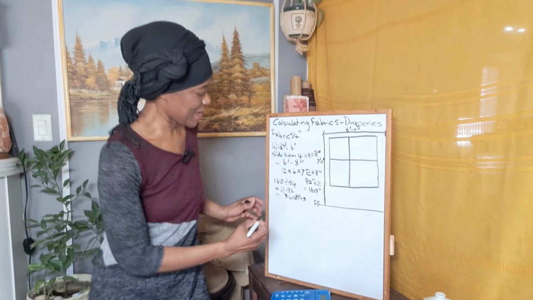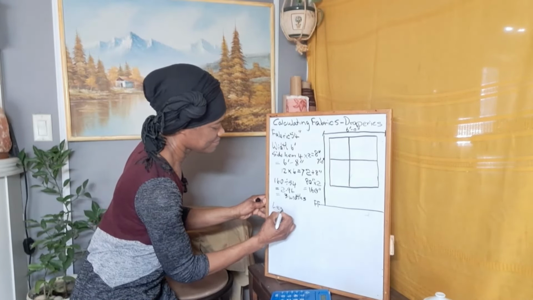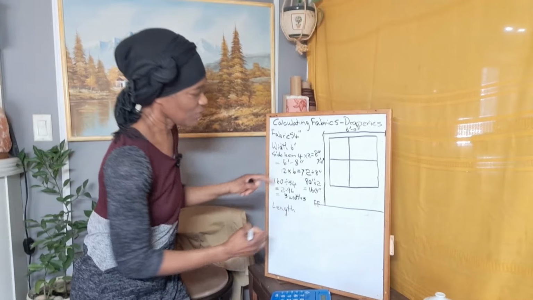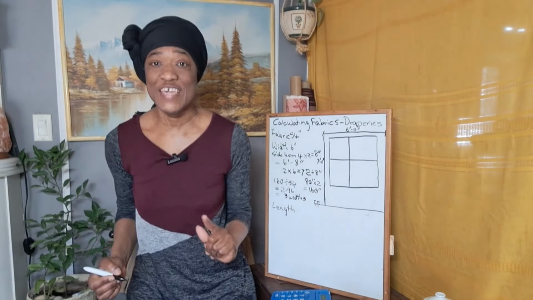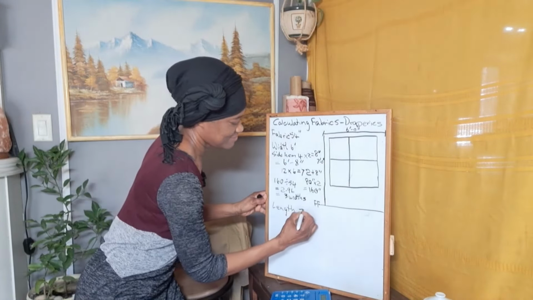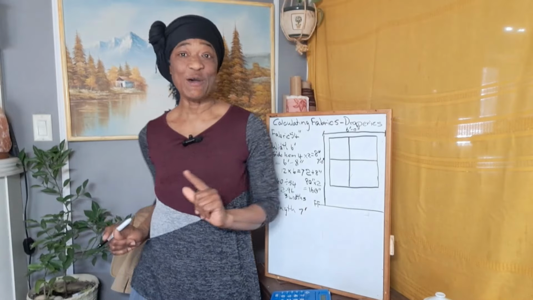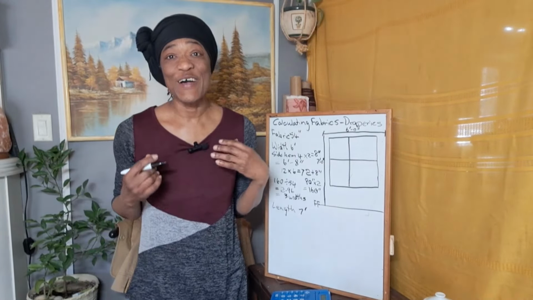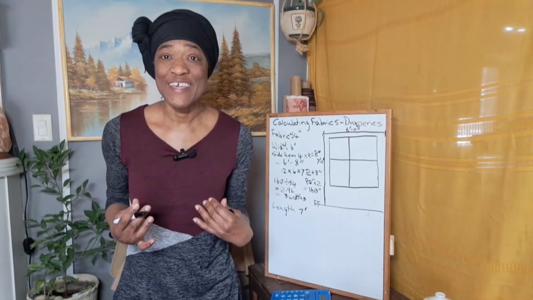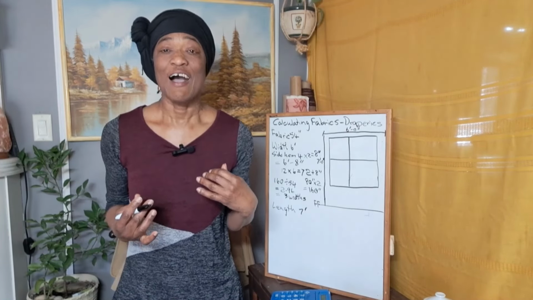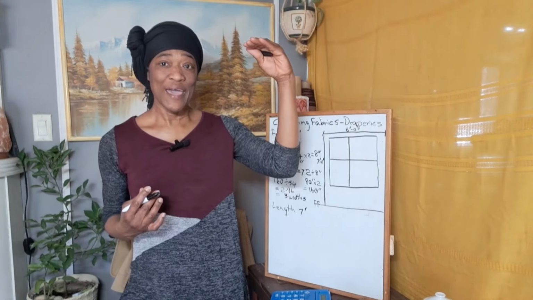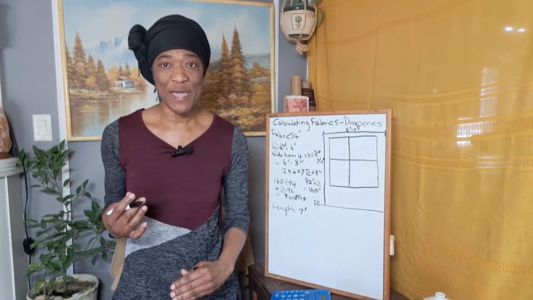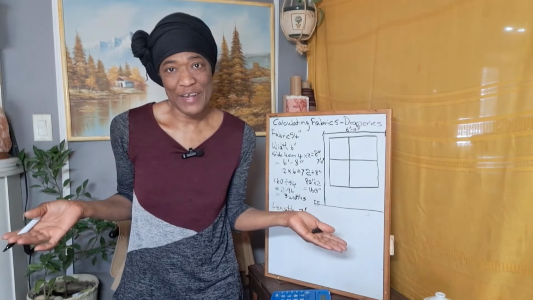Now our length here is 7 feet. Okay, so for our length, we will also need to add increments. And those increments are for the top hem and the bottom hem to finish off the curtain panel, right?